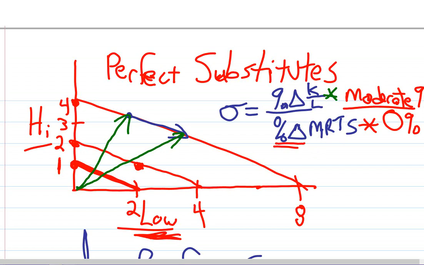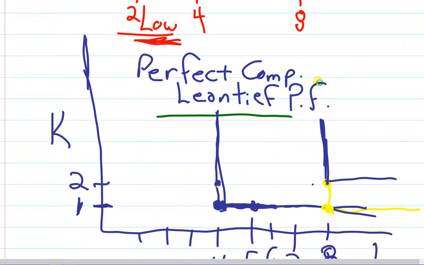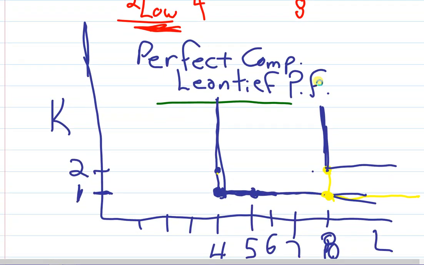And so when you take a medium-sized number and divide it by a tiny number that's approaching 0, this elasticity of substitution is going to approach infinity. It's going to approach infinity, meaning that the higher this number is, the more you're getting to a situation like perfect substitutes. Okay?